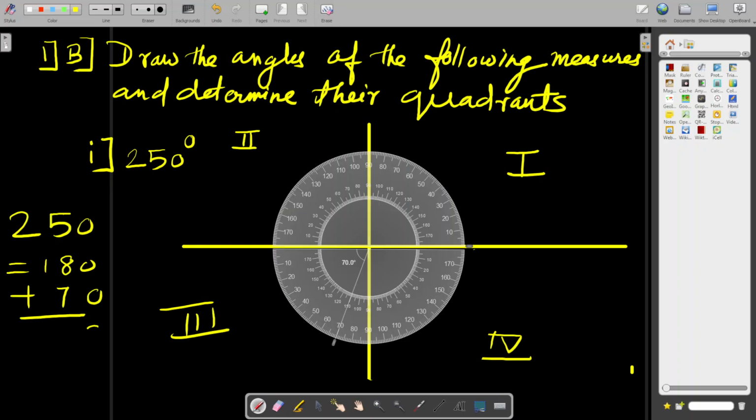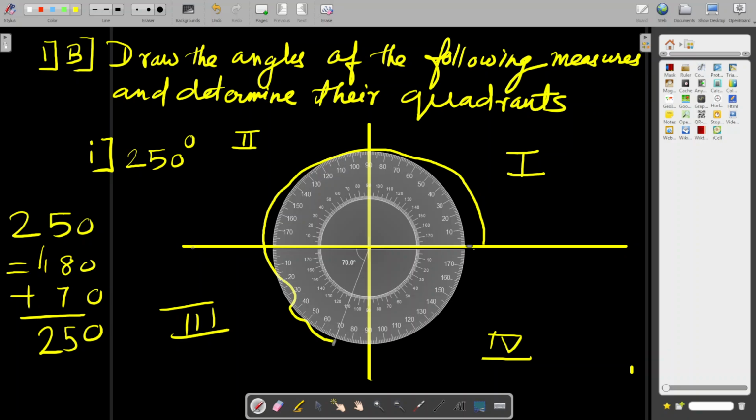This is how much? 0 plus 0 is 0, 8 plus 7 is 15, 1 carried, 1 plus 1 is 2. So from here to here is 180, and 180 plus 70 up to here is 250.